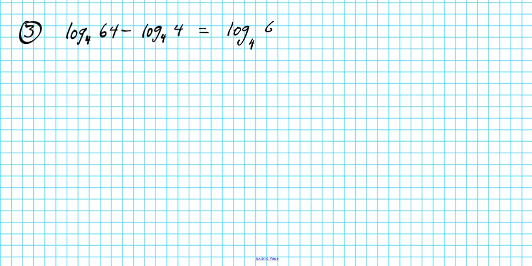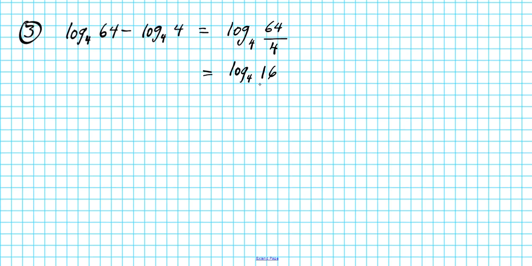The first argument goes on the numerator, the second logarithmic argument goes on the denominator. So when you divide this out, you end up with log base 4 of 64 divided by 4. 4 goes into 6 once, remainder 2. 4 goes into 24 6 times.